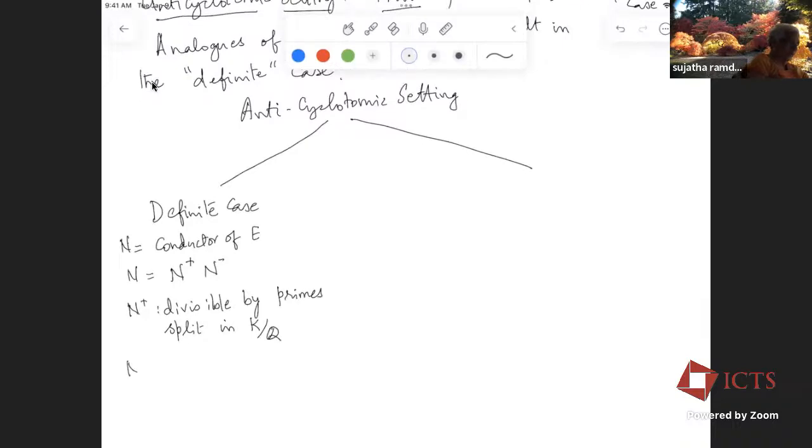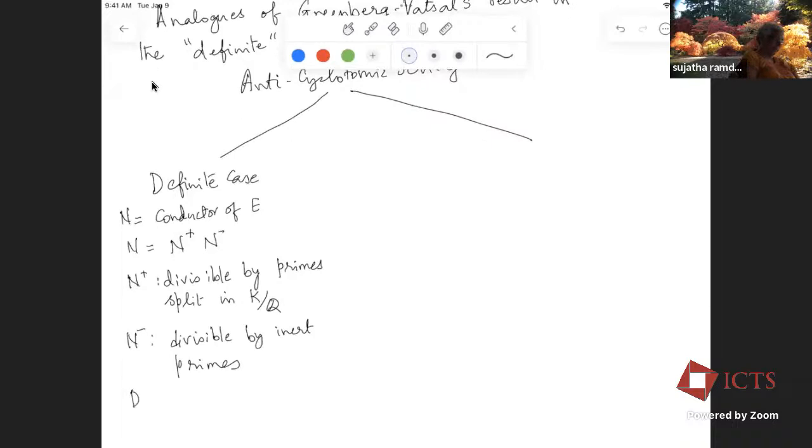And N^- is just divisible by the inert primes. So these are very important integers in the anticyclotomic setting. And then the definite case is the case when N^- has an odd number of divisors.